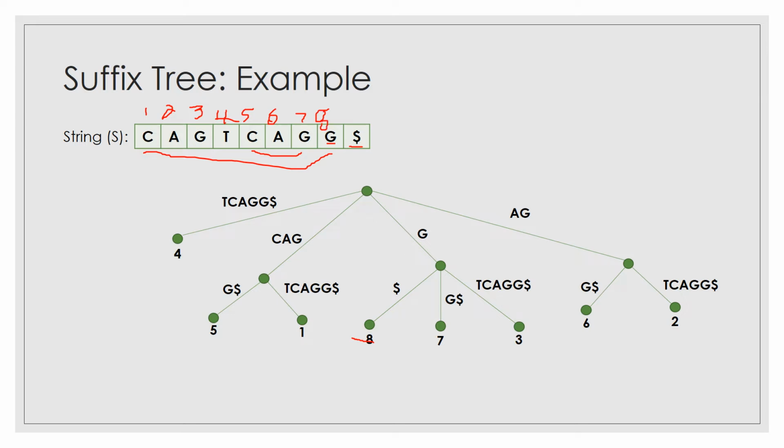If you look at 8, 8 is just G, so you could follow the path. 7 would just be GG, so you can see this path here is GG. The original one is just G. 6 is AGG, but you could go over here, find AGG, and you could find 6 under G. So it's just this path here, and so on and so forth.